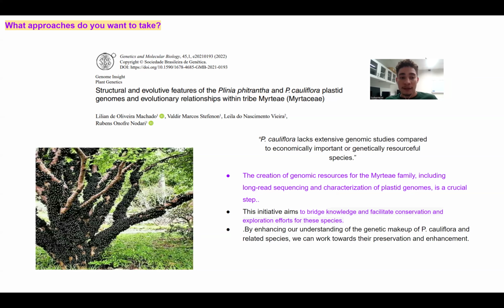The first step would be the creation of genomic resources for the Myrtaceae family, including long-read sequences and characterization of plastid genomes. It's a crucial step. With this, we will be able to fill gaps in knowledge and facilitate conservation and exploration efforts for this species. That is all. Thank you.